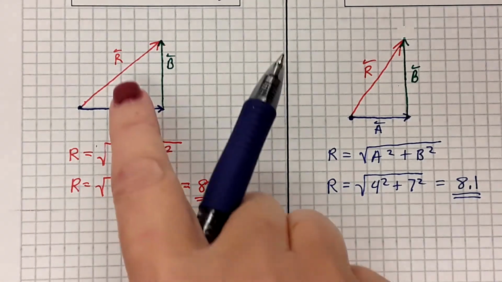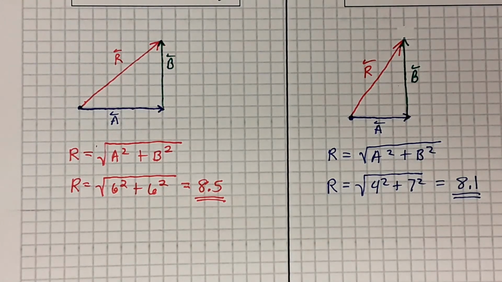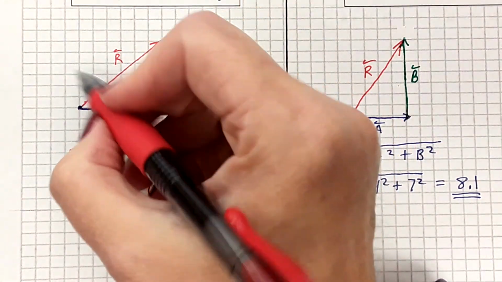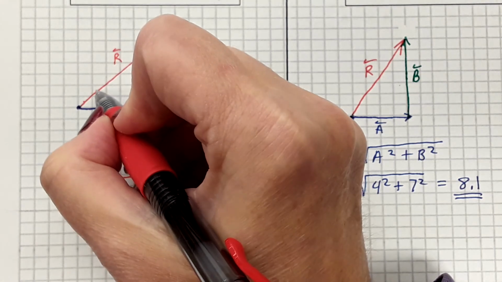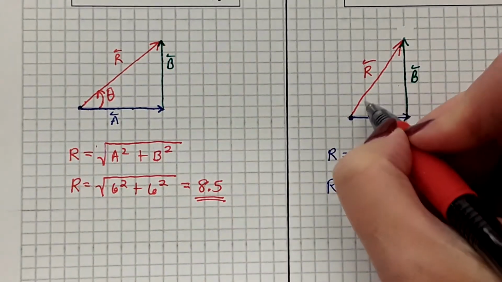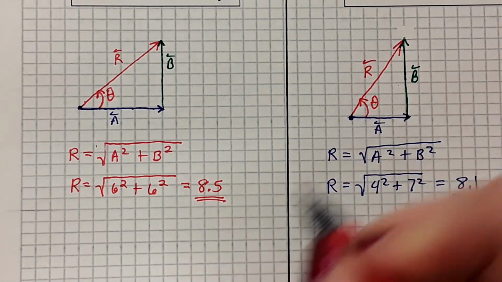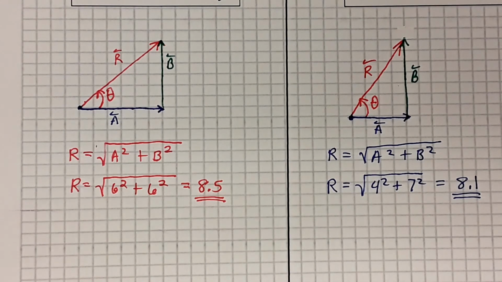When we have a resultant at an angle to the horizontal, what we want to do is see how many degrees of arc are there between the horizontal and the resultant. That's how we're going to find the direction.